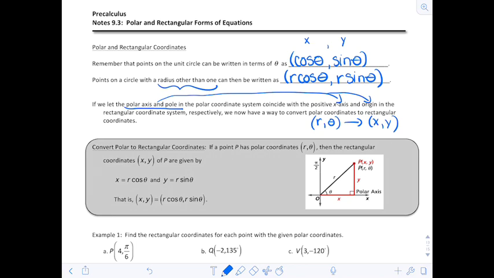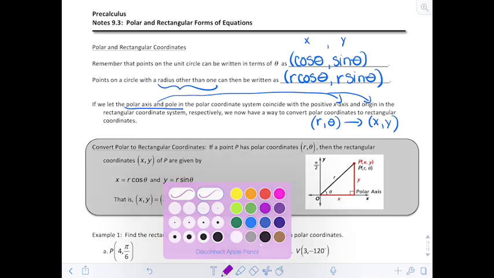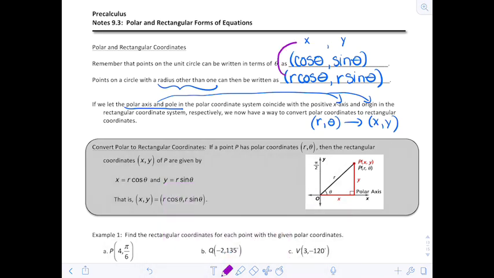It's as simple as looking at what we just discussed as old material: x was r cos theta and y was r sine theta. So making it official, looking here in this gray box, converting polar to rectangular coordinates: if a point P has the polar coordinates r theta, then the rectangular coordinates x, y of P are given by this right here. Again, x is r cos theta and y is r sine theta.